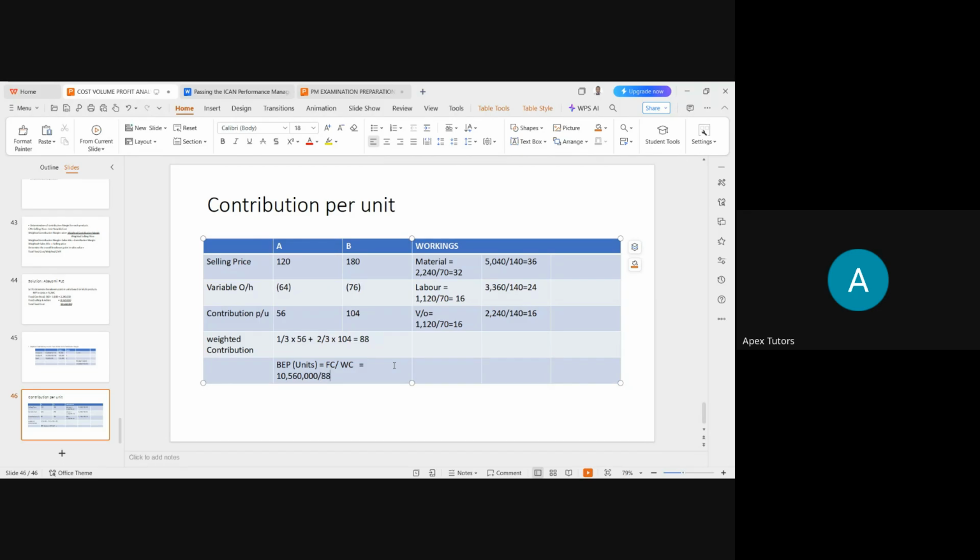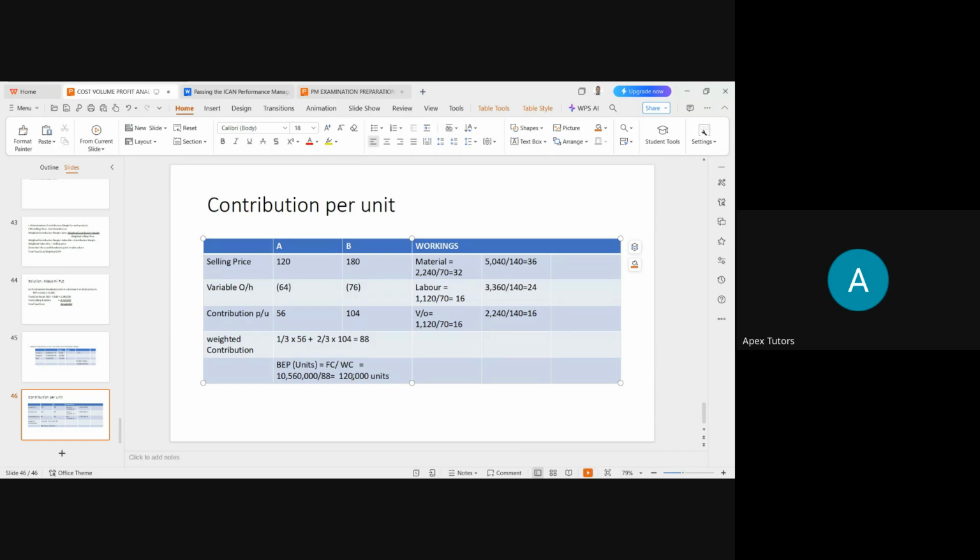So the result will now be what? The break-even point in units will be 120,000 units.